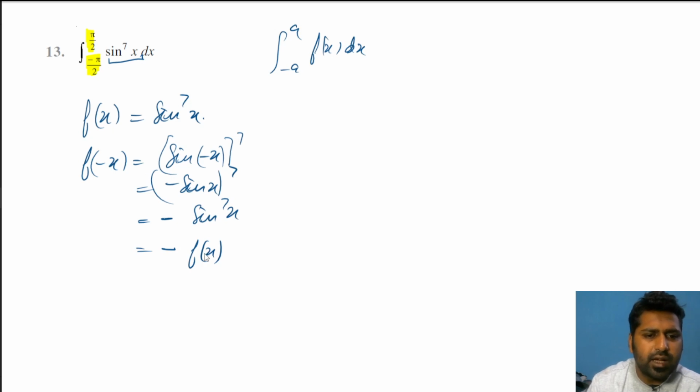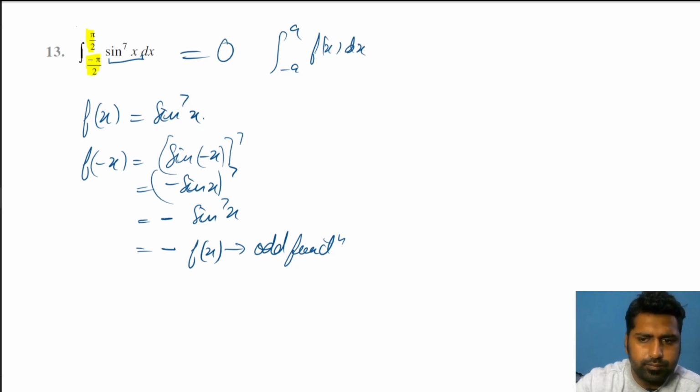Now f of minus x is minus f of x. What kind of function is that? So we can say this is an odd function. And for an odd function, what is going to be the answer without solving? We can say the answer is 0. Why?